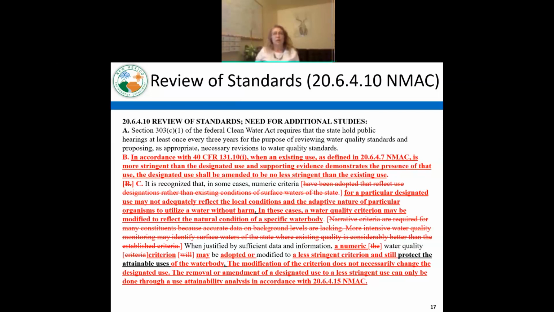This language also adds consistency with the federal language found under 40 CFR 131.10(i). So as we'll discuss in the next slide, language is also being proposed to tie in these requirements with the requirements for amending a designated use to be less stringent.